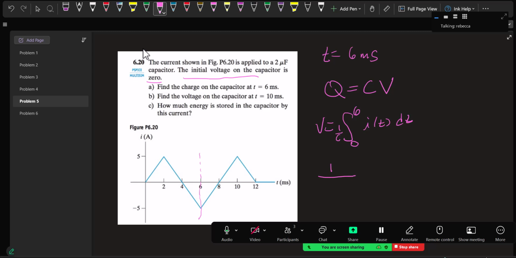So this is 1 over 2 times 10 to the negative 6 times the integral from 0 to 6. So that would be that area. The first triangle would be 1/2 times 4 times 10 to the negative 3, because these are in milliseconds, times 5, minus 1/2 times 2 times 10 to the negative 3 times 5.